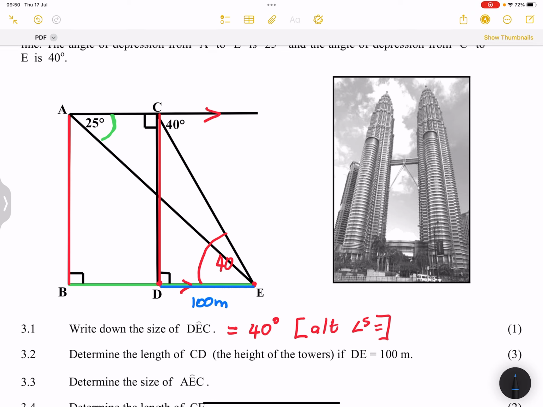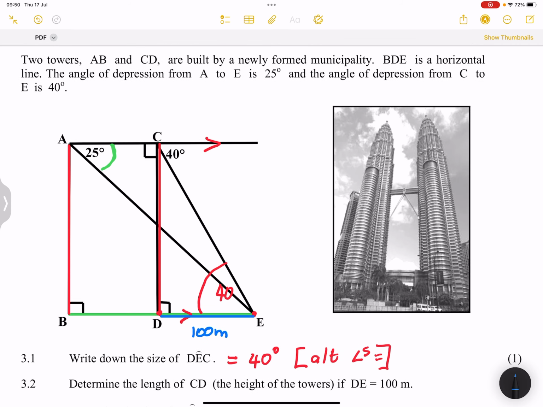So I'm looking at triangle CDE. In triangle CDE, we now have the angle. We are looking for the opposite side, which is CD, and we are given the adjacent side, which is DE.